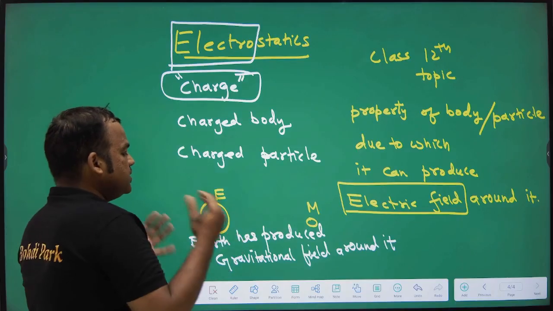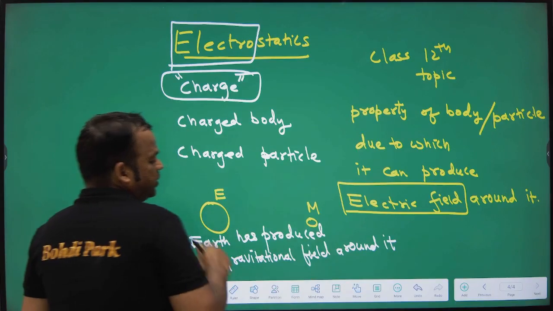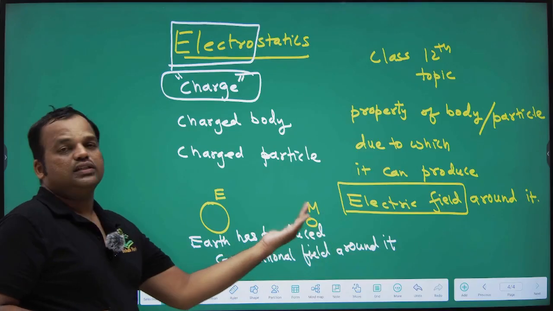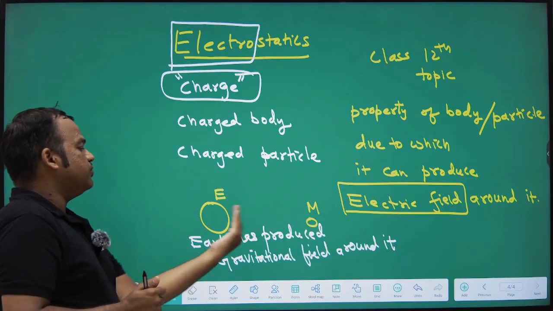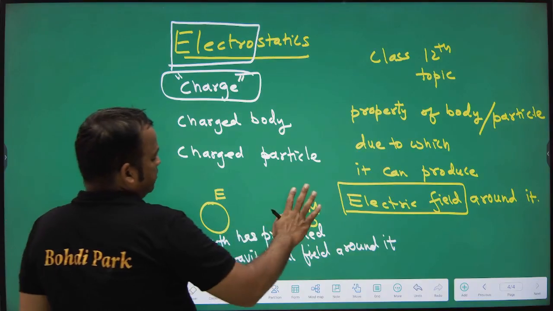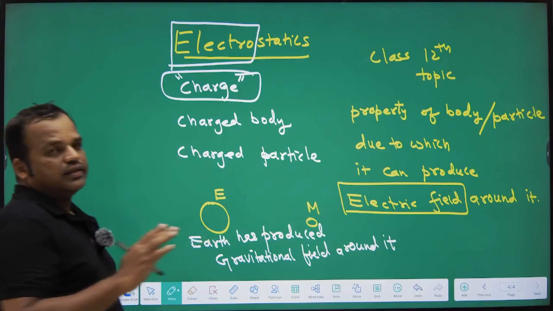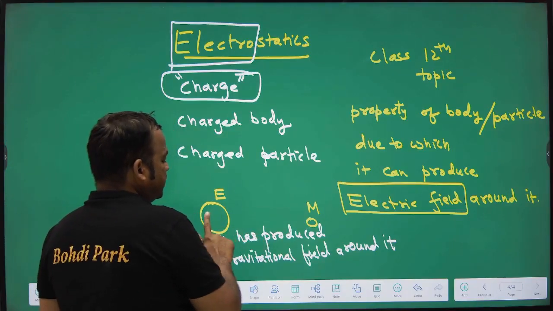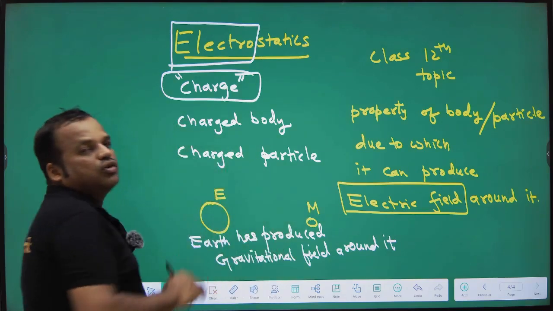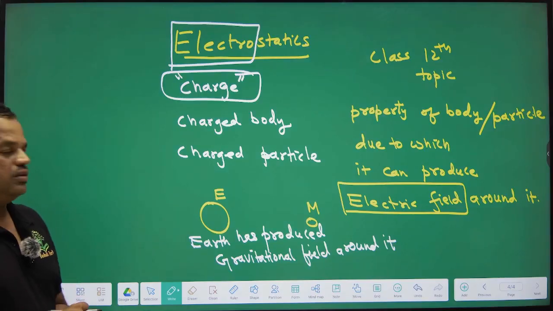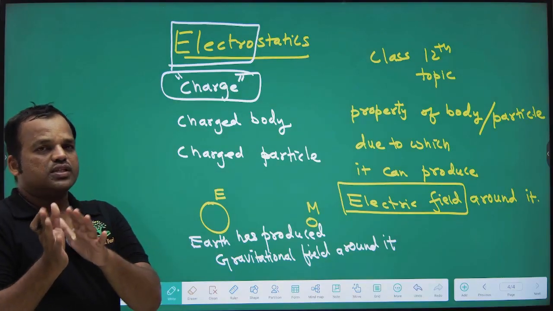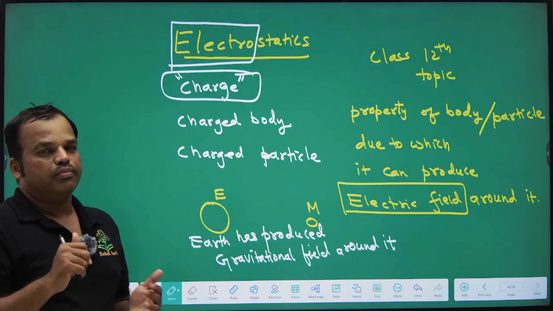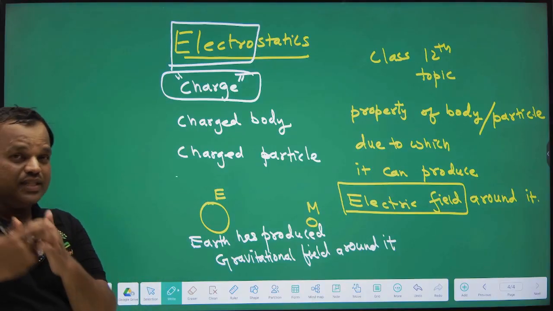So the moon will experience gravitational force because of Earth, and similarly Earth is inside the gravitational field of the moon, so Earth will experience gravitational force because of the moon. So if there is a field, there is a force. If there is a force, that means there is a field.